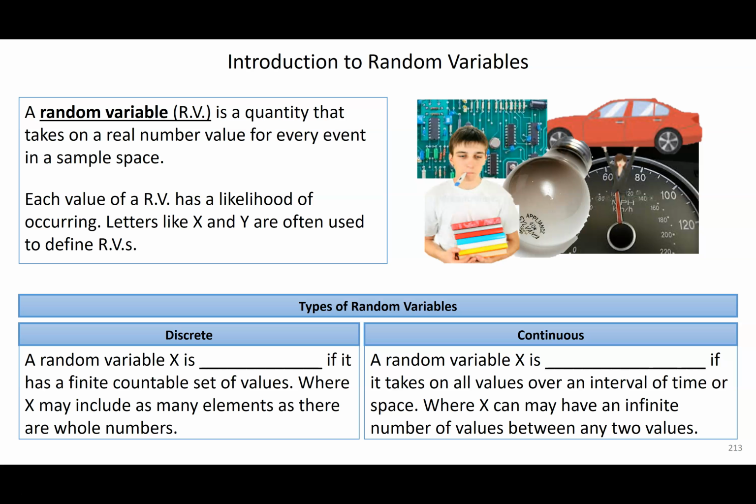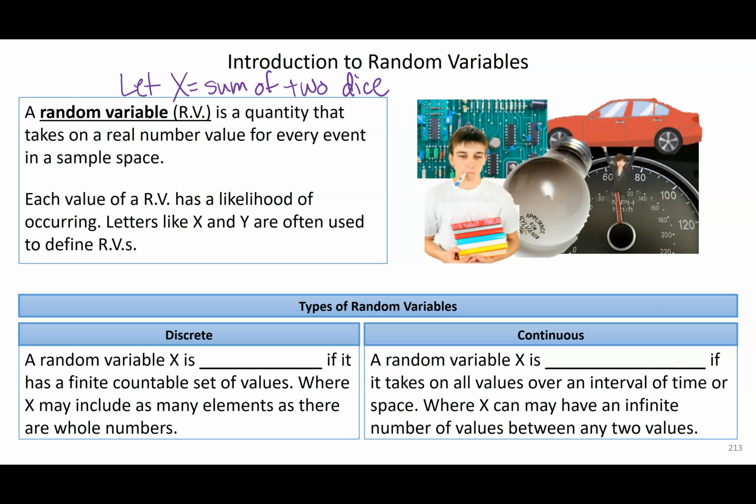So a random variable, we abbreviate it RV. I had one professor in particular that always used capital letters. It doesn't matter too much, but it's a quantity that takes on some real number value for every event in the sample space. So if I were to talk about, let X equal the sum of two dice.